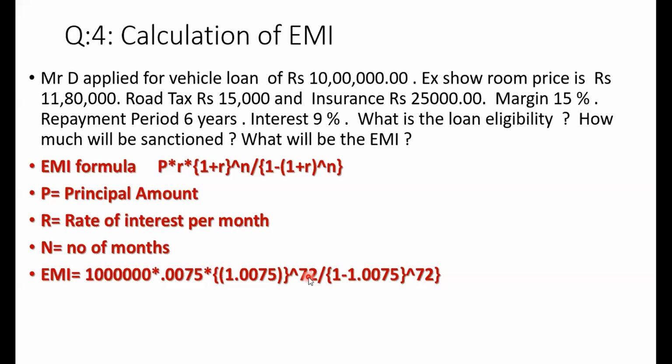Instead of pressing 72 times, first find 9, then 8. 9 into 8 is 72, or 6 into 12 is also 72. Suppose 240 months, don't keep on pressing 240 times, use 20 into 12. Easily, if you want, we can demo.